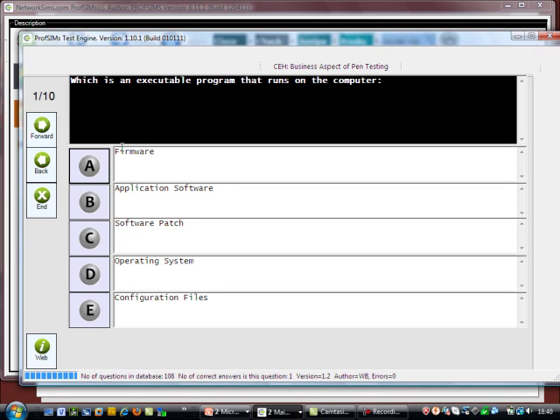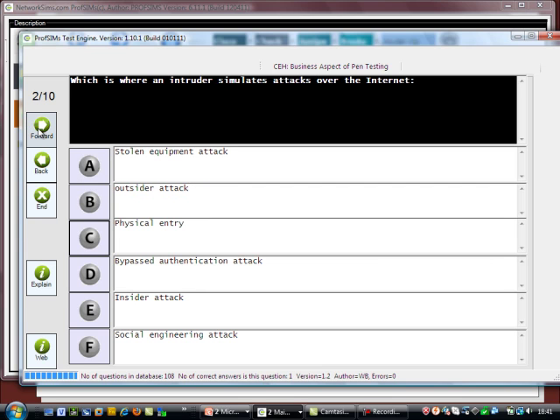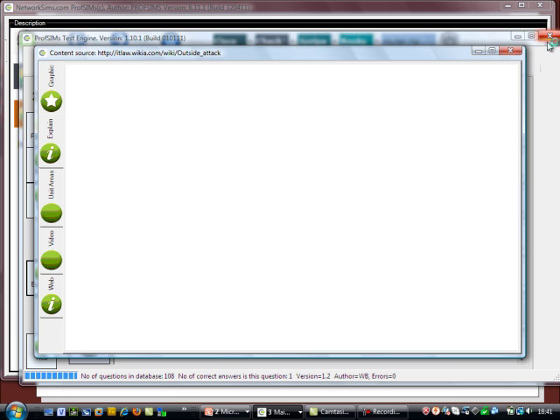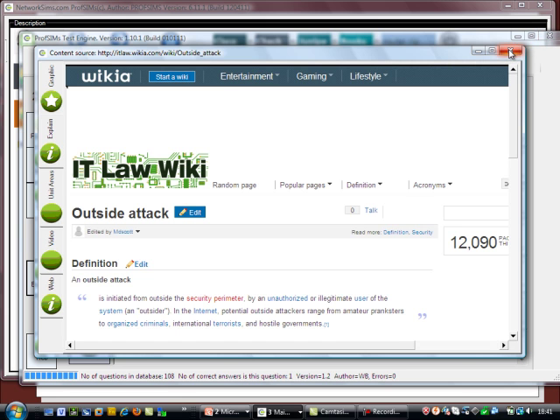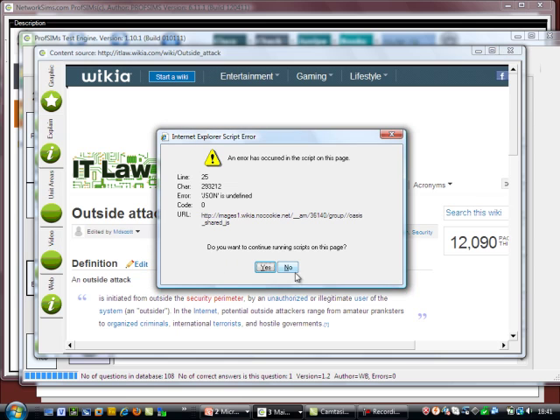Okay, so what is an executable program which runs on a computer? So let's go for application software. Which is where an intruder simulates an attack over the internet? That sounds like an outsider attack. At any time we can actually find out a basic explanation of the answer.